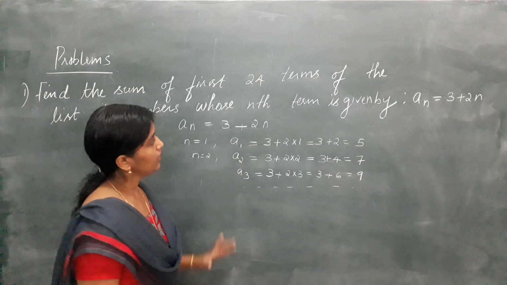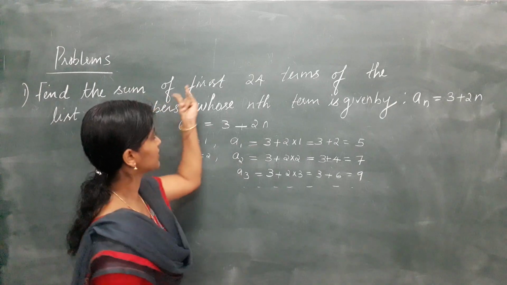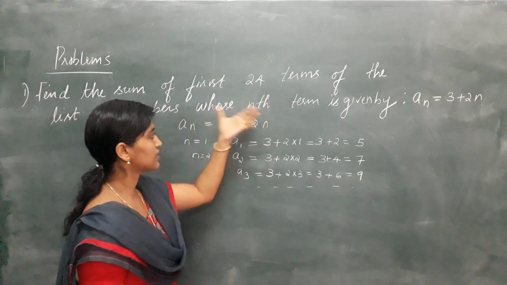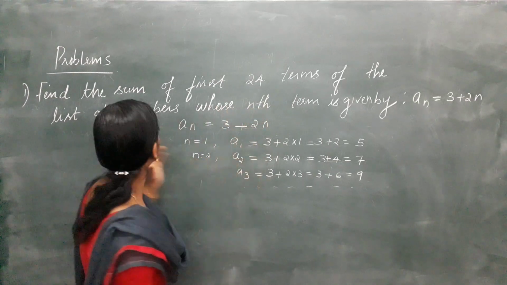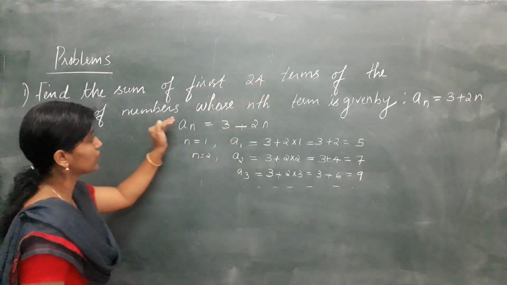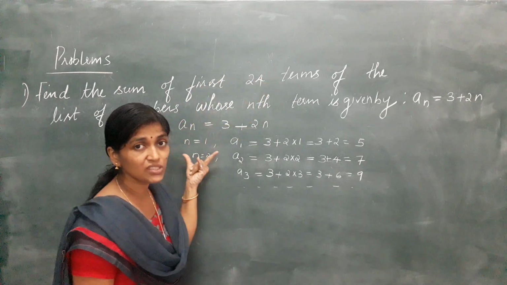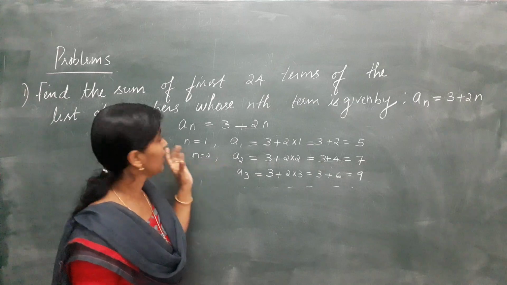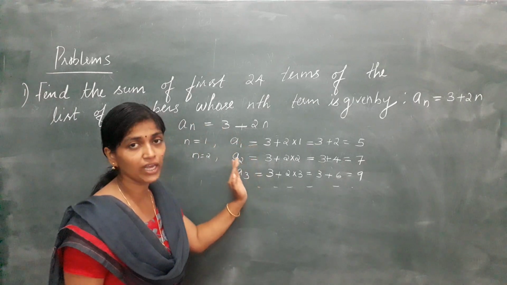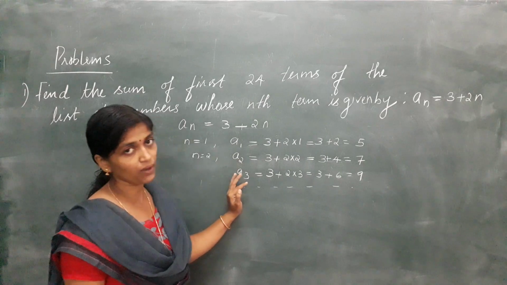And we are asked to find the sum of first 24 terms here. In this question, it's only given that they are a list of numbers. So first we cannot take A1, A2, A3 as the terms of an AP.